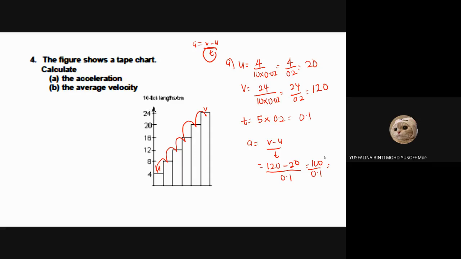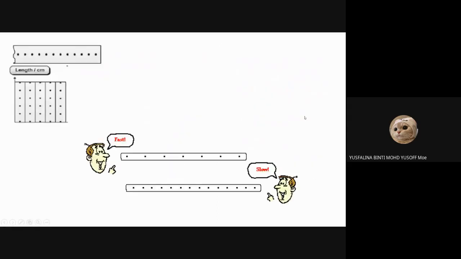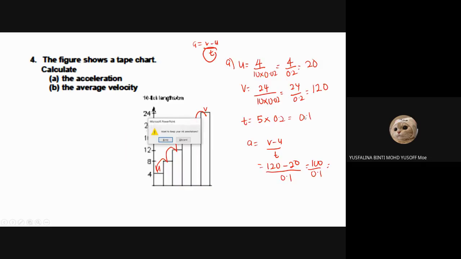Wait, how come you got 100? 5 multiplies, oh sorry. Yeah. Why didn't you tell me earlier?